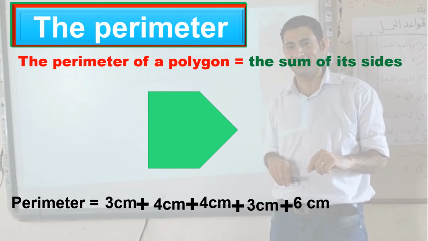Then to find the perimeter of a polygon, we must find the summation of its side lengths. The result will be 20 centimeter. Then the perimeter of the figure equals 20 centimeter.